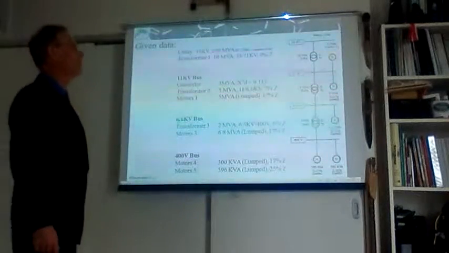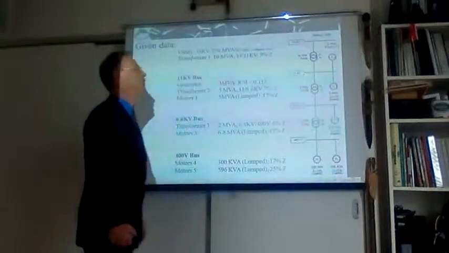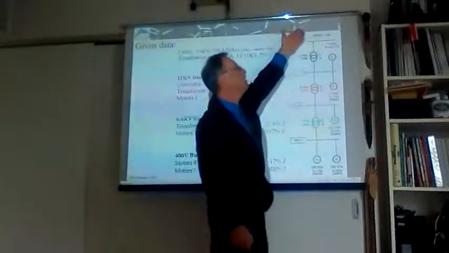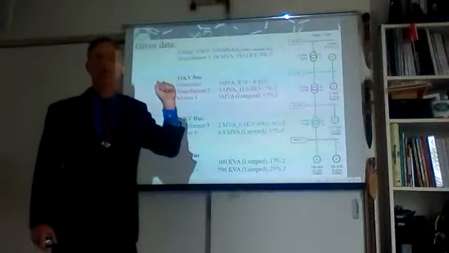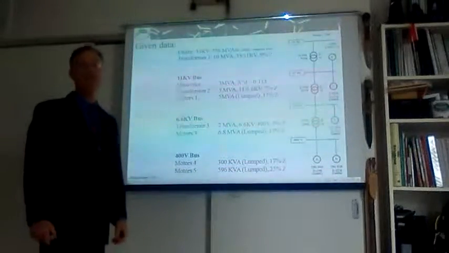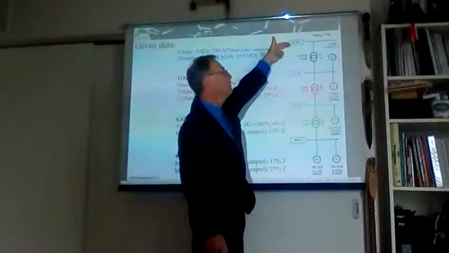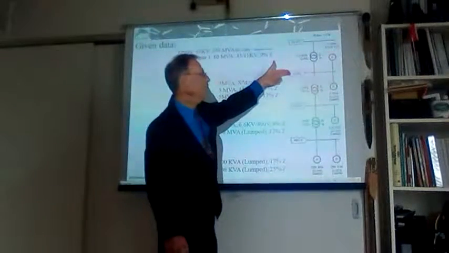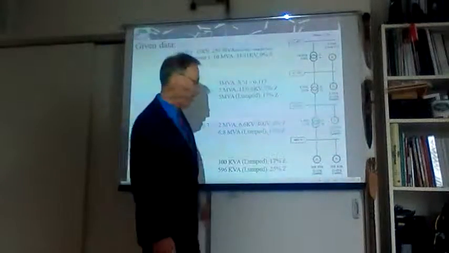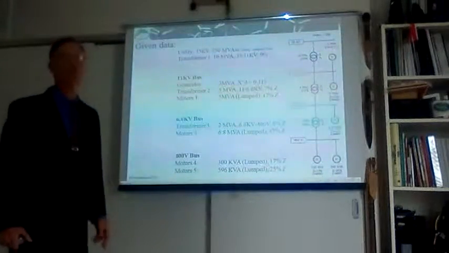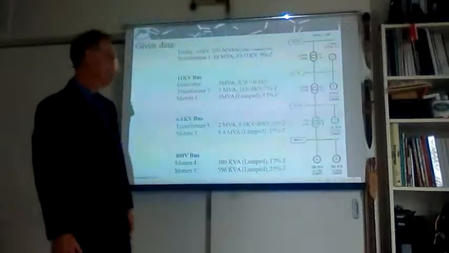In our example, what we have in front of us is an industrial electrical system, with an incoming line where the utility transformer is contributing 250 MVA, one bus at 33 kV, another bus at 11 kV, 6.6 kV, and the bottom line, which is 400 volts for low voltage equipment and motors.